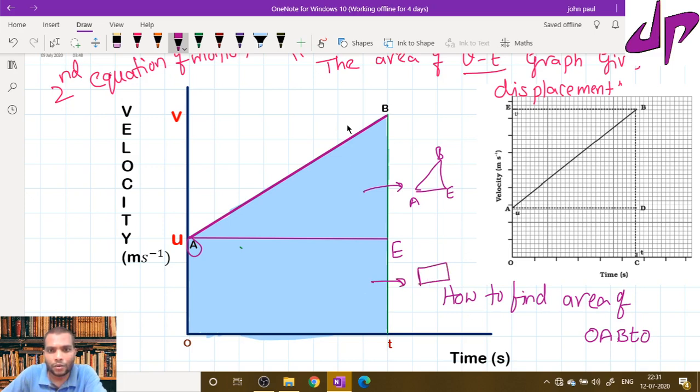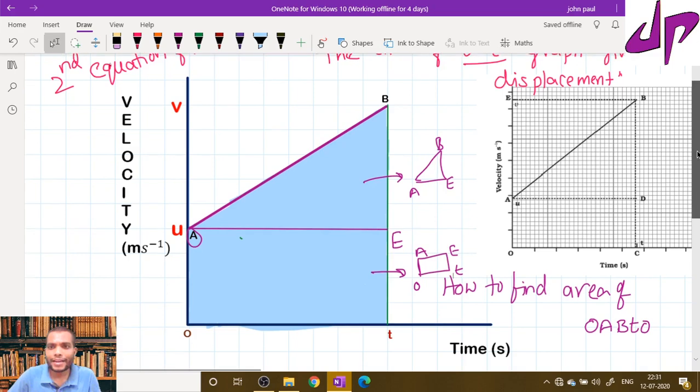A rectangle OAET. I hope we know these two area formulas. Area of a triangle is half into base into height. Area of a rectangle is side into side.